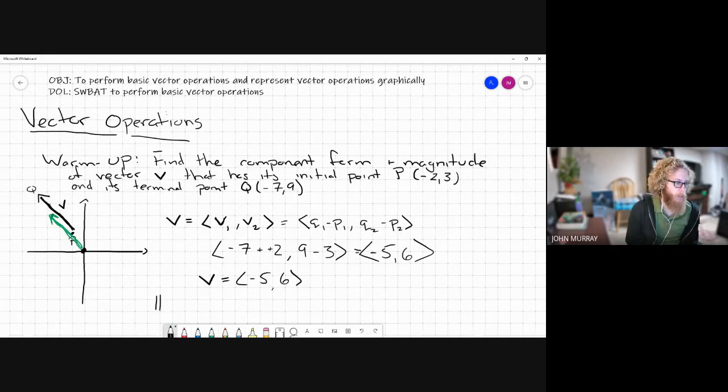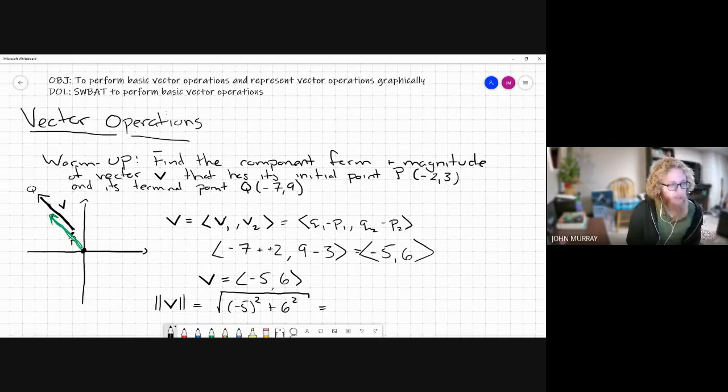Now the magnitude, remember we show with the two lines. The magnitude's a lot easier to calculate when we have the component form. We take the square root of the sum of the squares of the components. Whatever your coordinates are there, you square them and add them together.